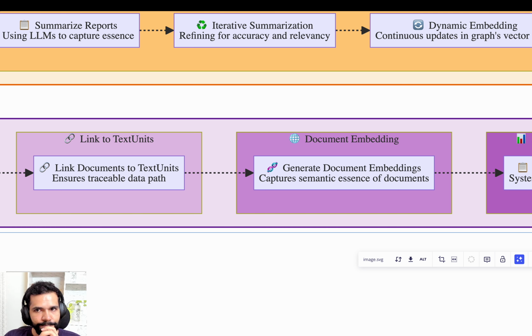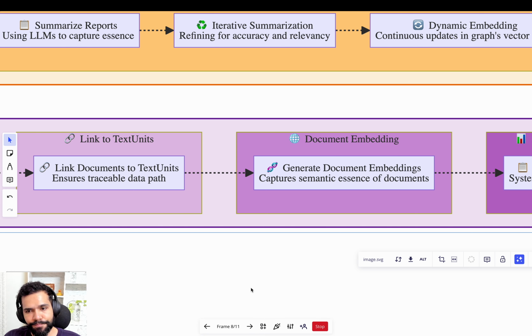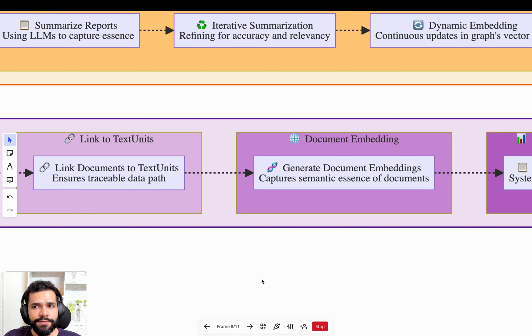So once we have this sort of linkage together, we perform embeddings over the whole document and transform it into a vector, which can then be queried.